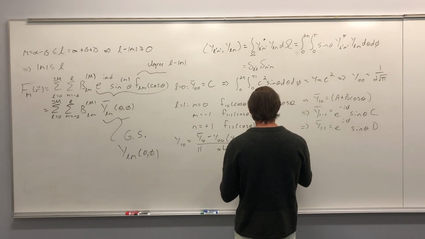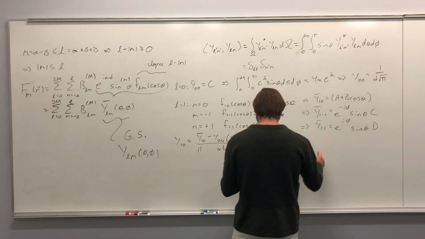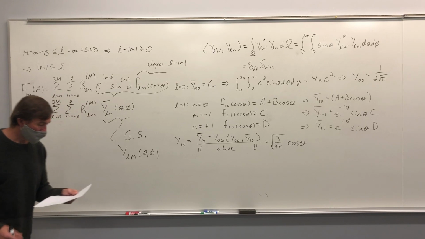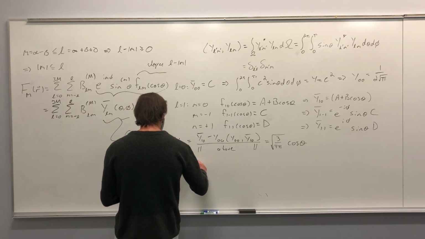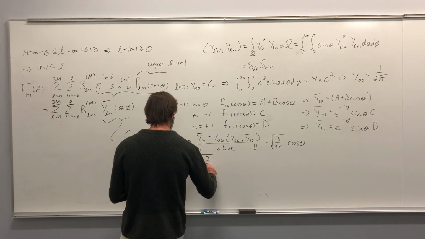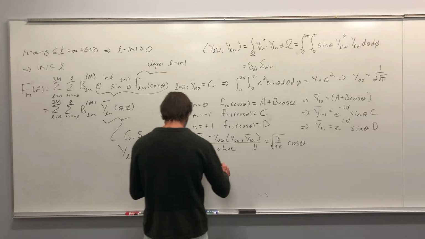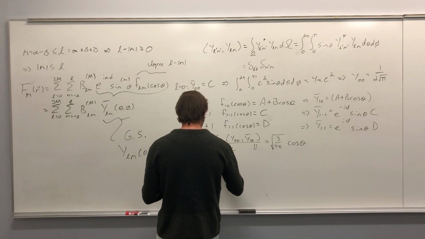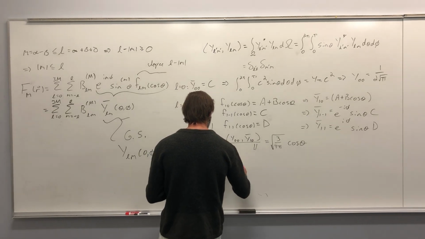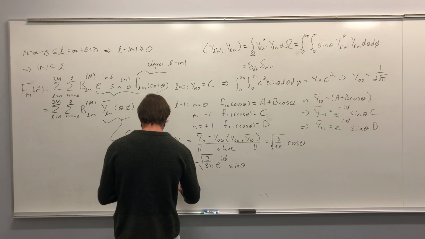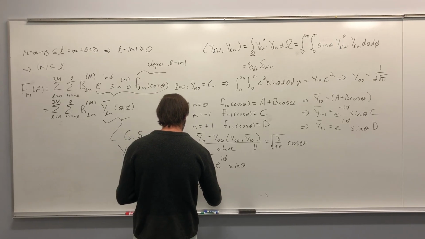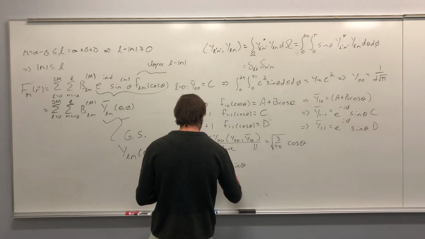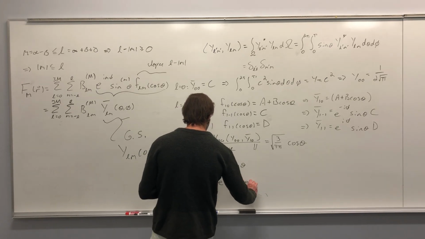But if we do this, we end up with square root of 3 over 4 pi cosine theta. Then Y_11 is minus root 3 over 8 pi e to the i phi sine theta. And Y_1,-1 is root 3 over 8 pi e to the minus i phi sine theta.